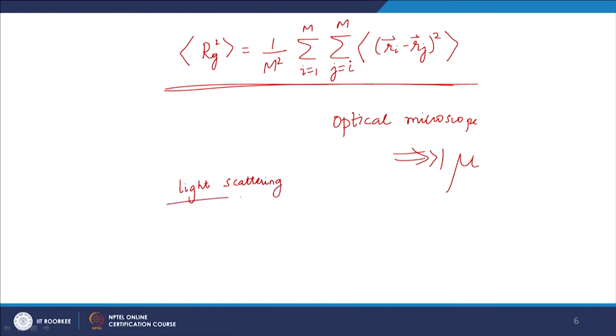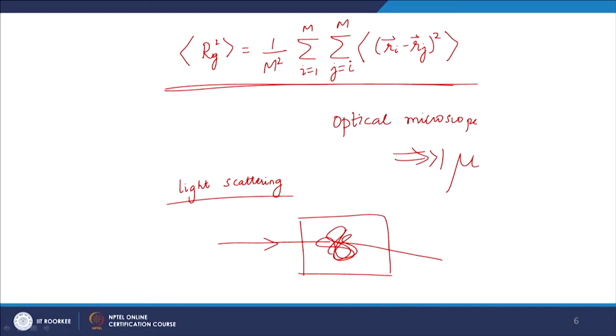Where the idea is that if we have any object, and let us say in this particular case a polymer chain, and if I throw a light of a certain wavelength through this particular sample, the light will be reflected or deflected, and I will measure the angle of deflection, that is referred to as scattering.